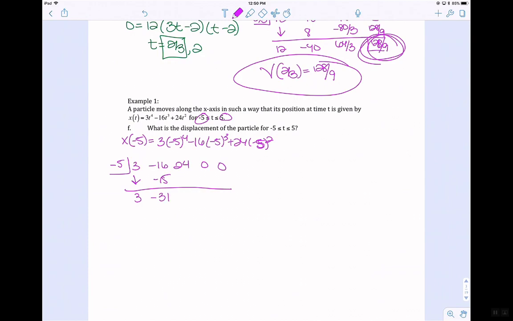And then -5 times -31 is a positive 155. And then 155 and 24 make 179. And then -5 times 179 is -895. And then -895 times -5 is 4475.